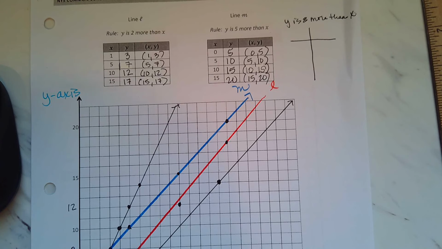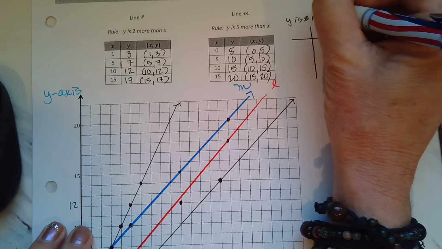We are still adding, but this time we have added 8 to the x coordinate. And the rule for this line adds 6 more to x than L, and 3 more to x than line M. So let's make a prediction. What will it look like if we draw line N? So this would be N.